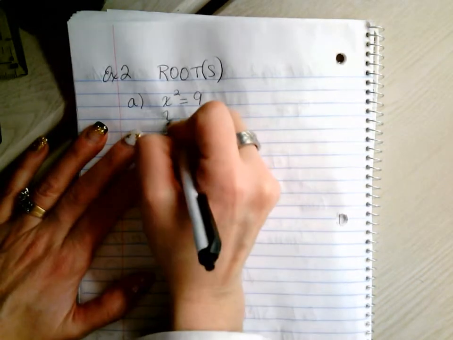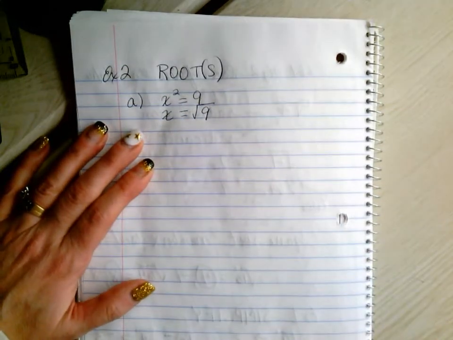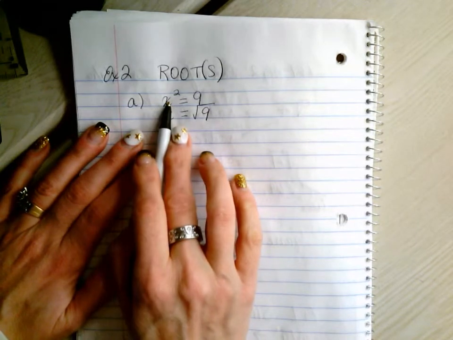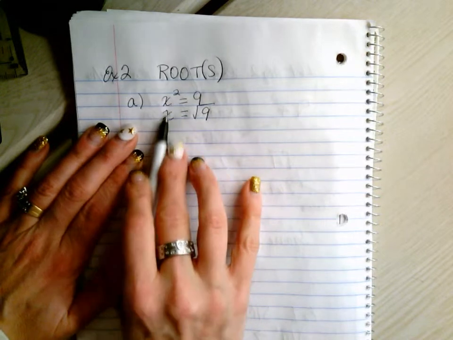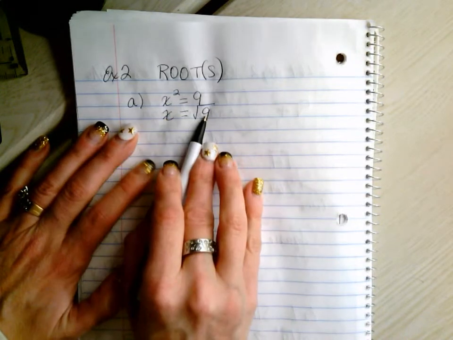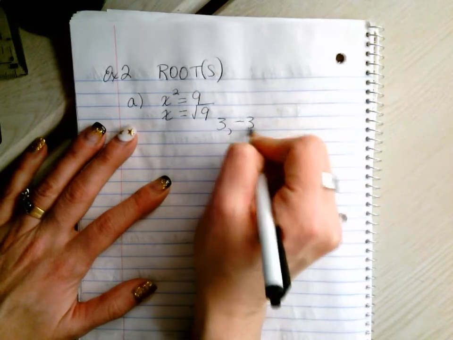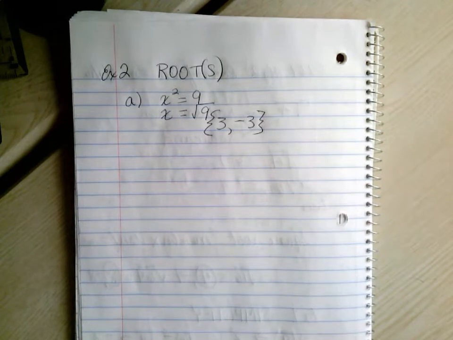Okay? X equals the square root of 9. Okay? I just took this and said, well, I need to find the square root of this so that I could find the square root of that. The square root of x squared is x. The square root of 9, since it tells me roots, it wants both of these solutions. Whenever you see a plural, assume they want both.